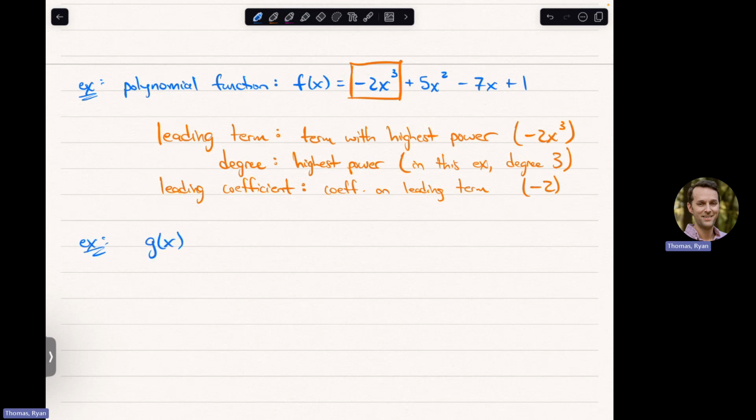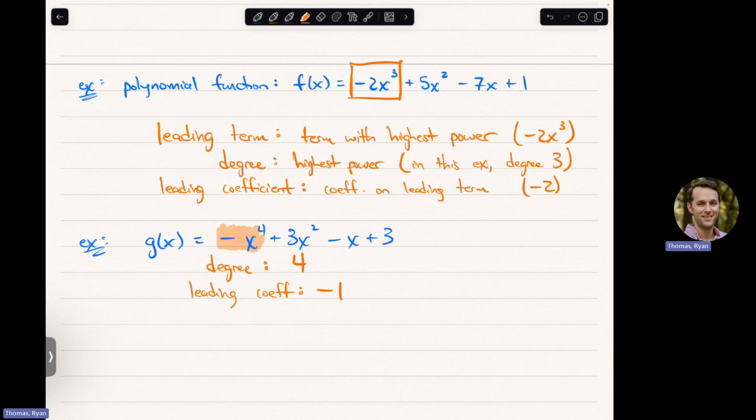Let's call it g of x is negative x to the 4th plus 3x squared minus x plus 3. The degree there would be, and let's be a good place to pause it for a second, degree would be 4, and the leading coefficient, negative 1.